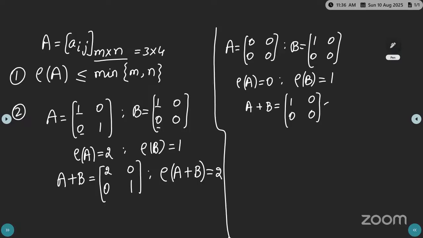What is rank of A plus B? Rank of A plus B equals rank of A plus rank of B, but it is not like here.